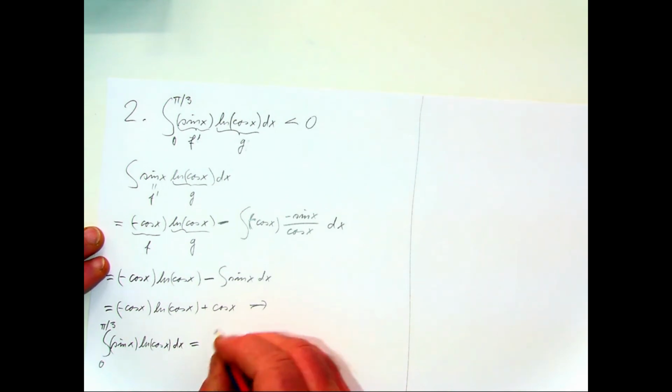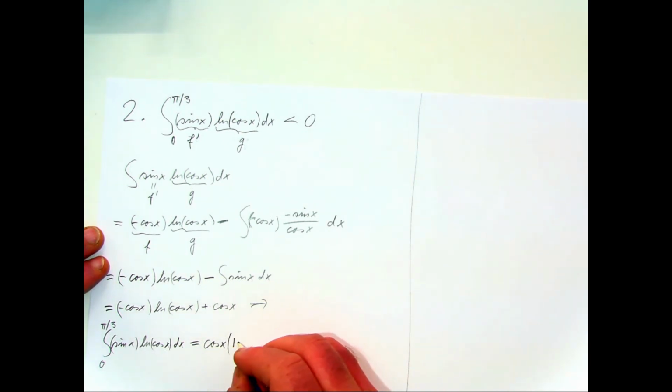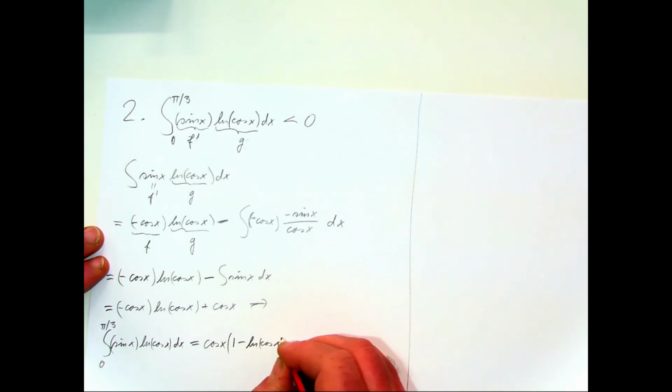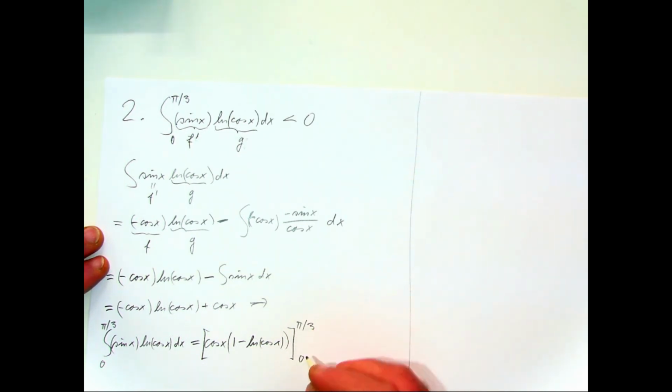I take also the cos out: cos x times 1 minus ln cos x. This is my antiderivative, gets evaluated from 0 to pi over 3.